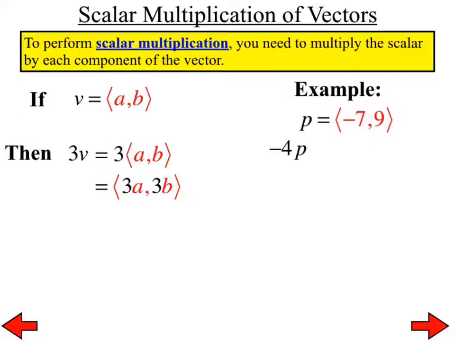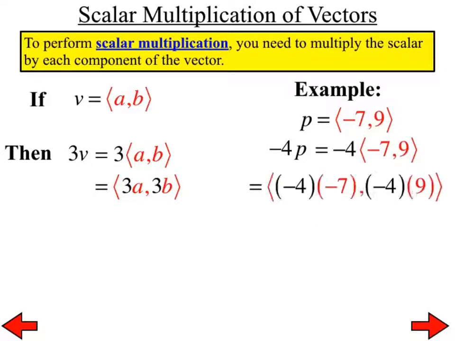That would look like 28, negative 36, because you're going to multiply each component of that vector, negative 7, 9, by negative 4. And I'm just showing you mathematically how we get to 28, negative 36. Okay? All right, so could I get all of you to do 1 through 5?